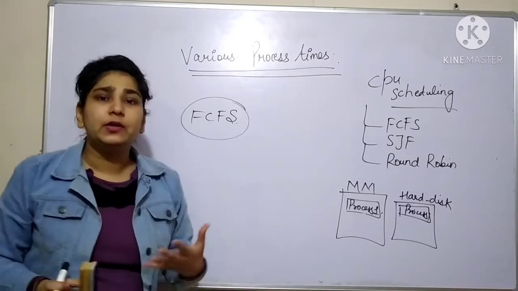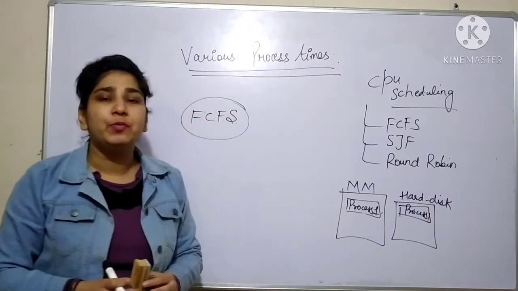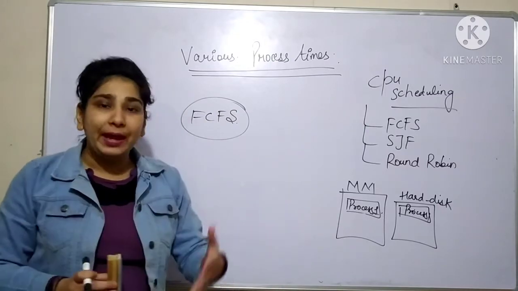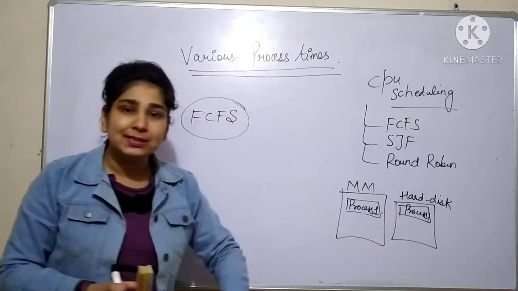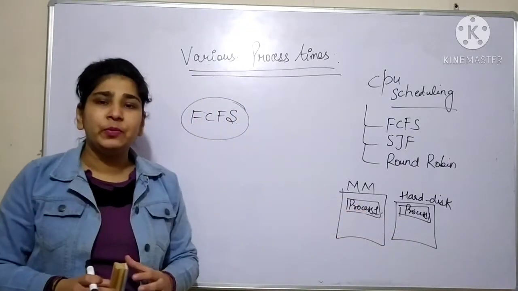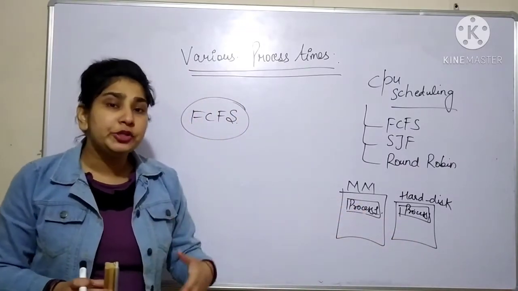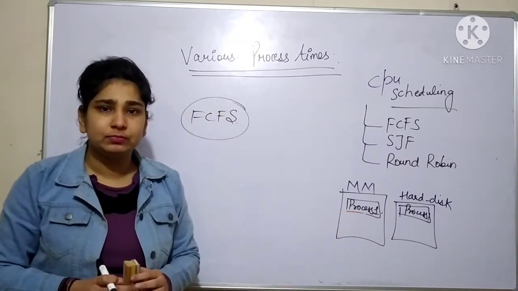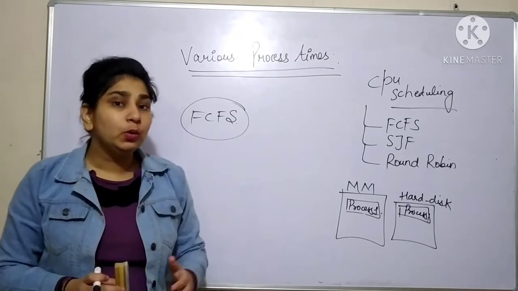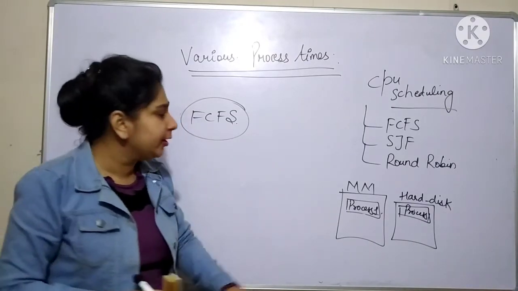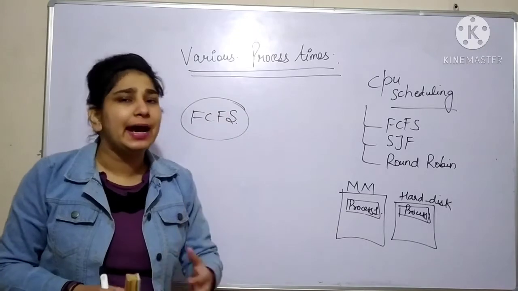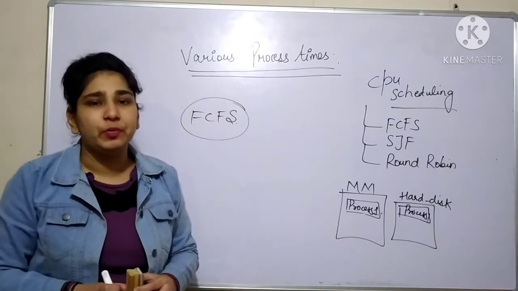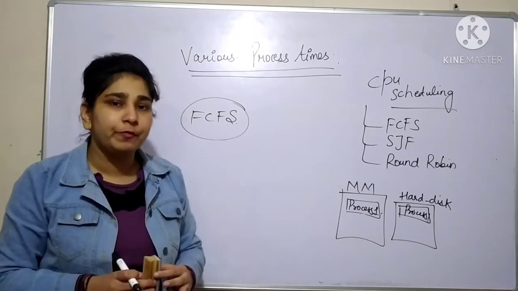So the order of arrival in the main memory is very important. The way all of your processes are coming into the main memory is very important. We should know when your process is coming into the main memory, so we should also take care of the arrival time.